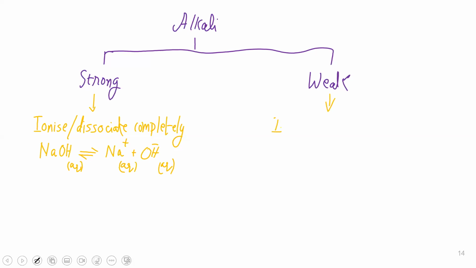Then what are weak ones? They ionize, or the word is dissociate, partially. So they are not that dangerous, because the main behavior of an acid or an alkali comes in when it is meeting and ionizing in water.